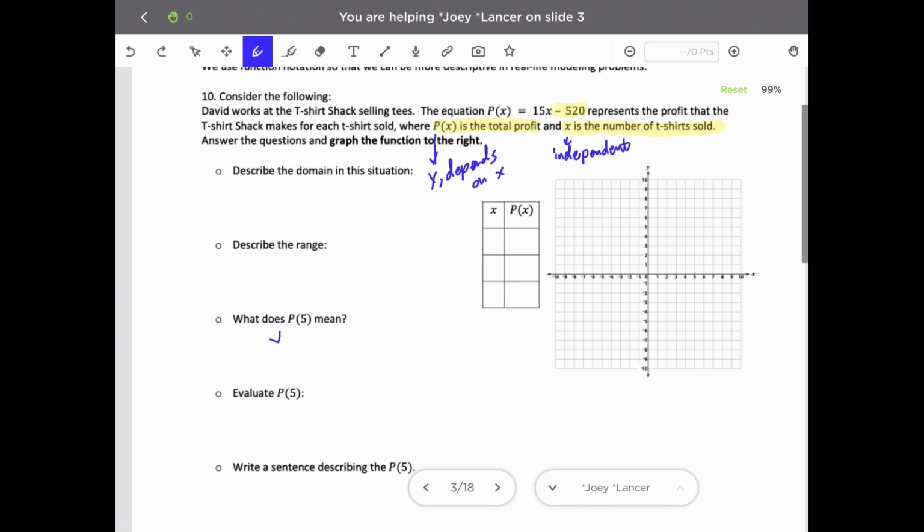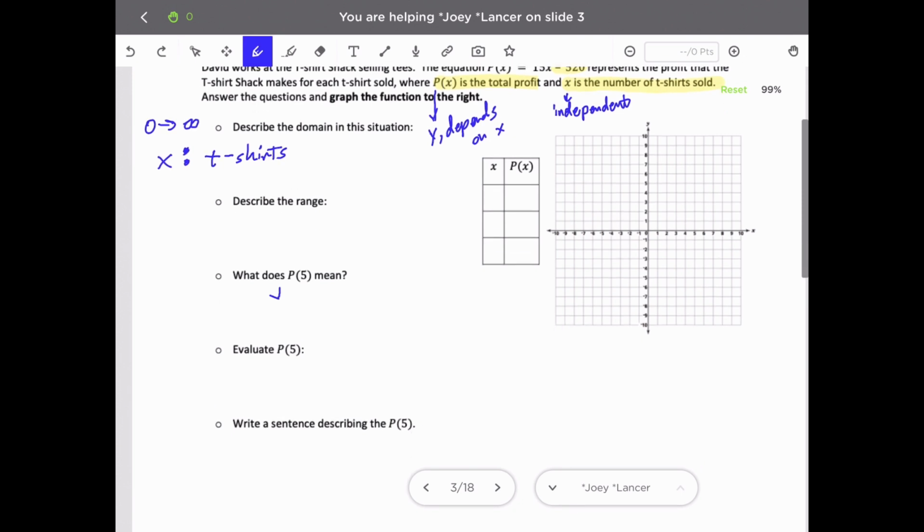So the domain, remember, is all the x values that can go in. So it's the number of t-shirts. The domain is t-shirts, which could not be negative, because it's in a real life situation, it's going to be 0 to infinity.